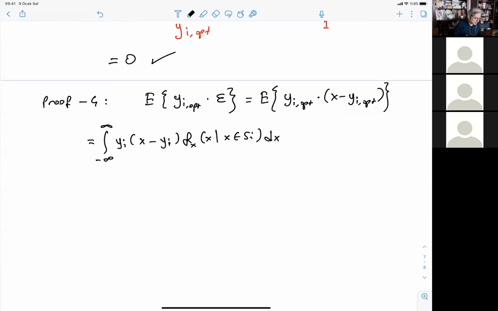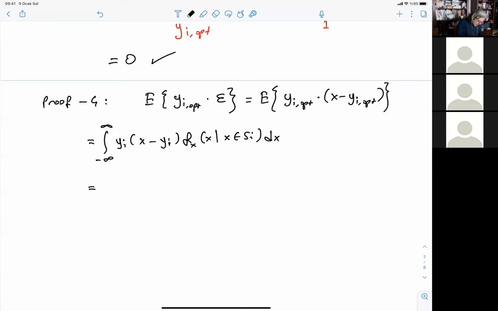I will split it into two parts. One part is yi times x times the conditional PDF dx integration. The other one is yi times yi, which is yi squared, with a minus sign, times the conditional PDF integrated. So I'm splitting the integral using the distributive property of the linear operator of integral.